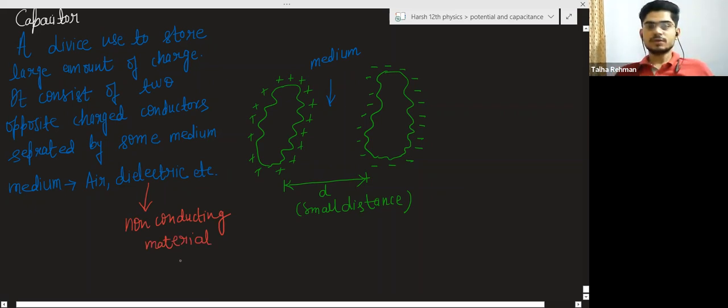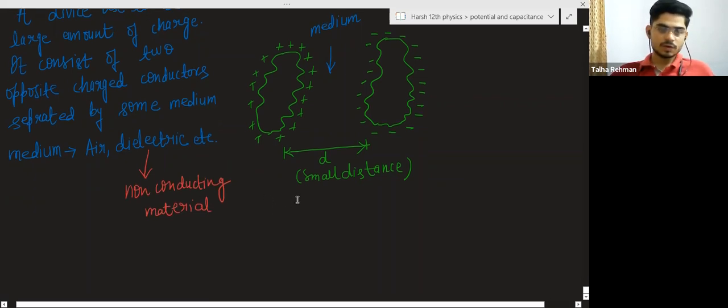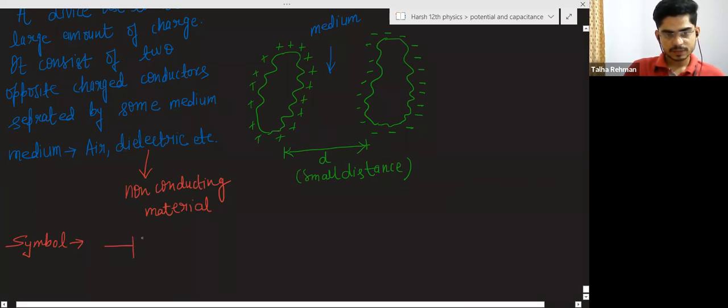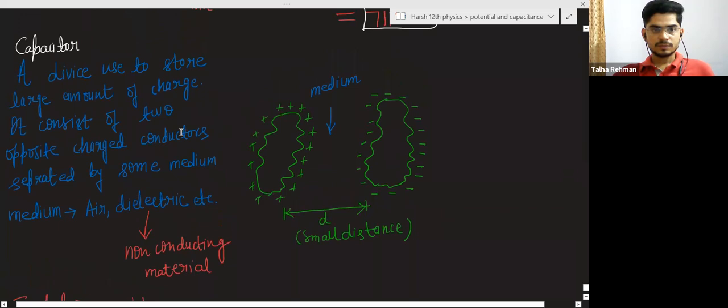So a dielectric is a non-conducting material. And the symbol of a capacitor is simply like this, the symbol of a parallel plate capacitor. So this is the capacitor.